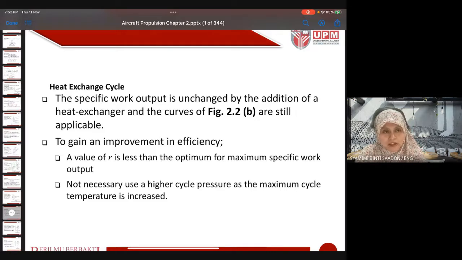So for this modified cycle with regenerator, the efficiency changes with the pressure ratio, but the work output remains. The trend of the work output is the same as the basic cycle just now.